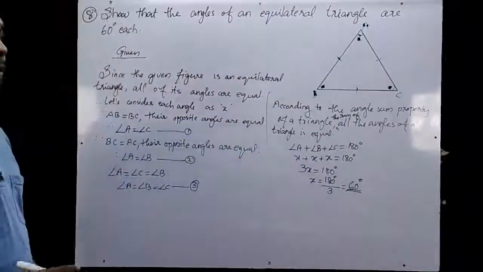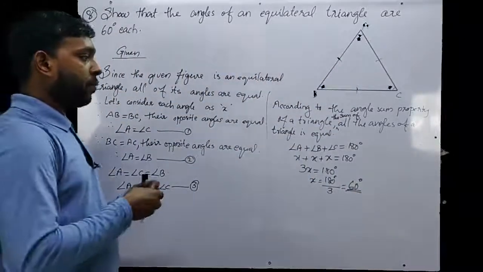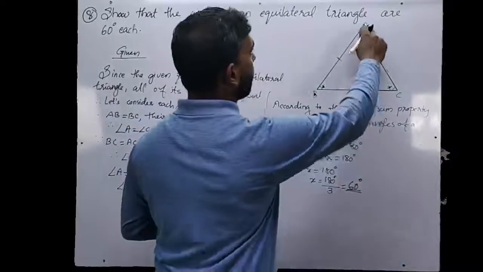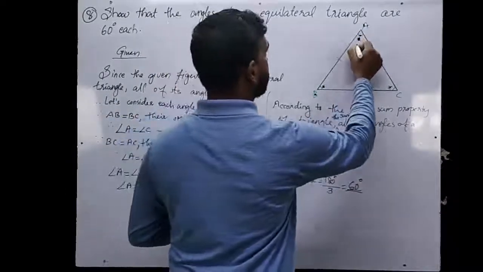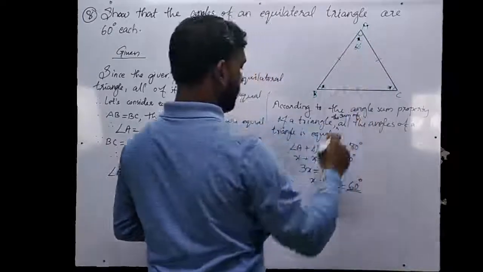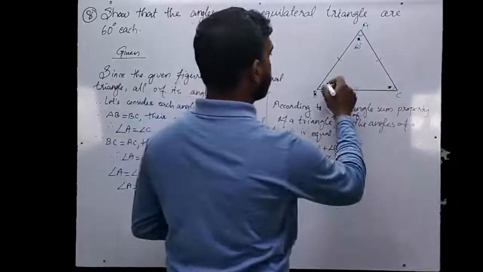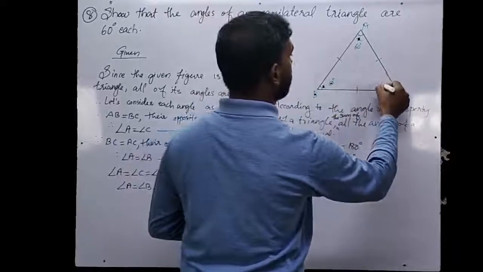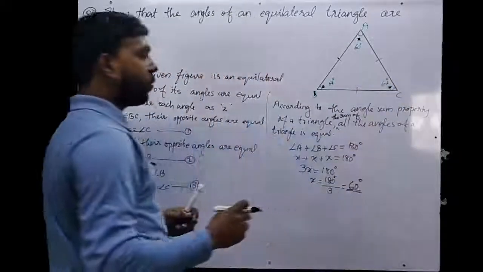So x is 60 degrees. That means since x is 60 degrees, angle A is 60 degrees, angle B is 60 degrees, and angle C is 60 degrees. So we have proved that.